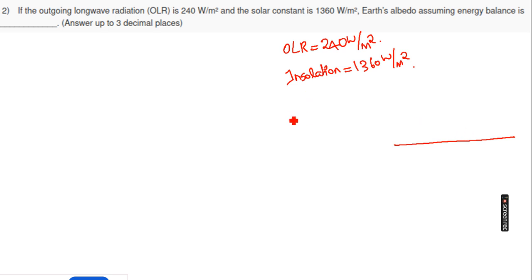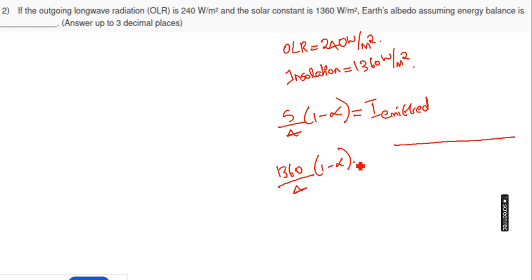So assuming Earth's energy balance, we essentially assume S by 4 into 1 minus alpha is equal to I emitted. What is being absorbed and what is being emitted are both equal. That's what we generally assume. So 1360 by 4 into 1 minus alpha is equal to 240 watt per meter square. S is 1360 and outgoing long wave radiation is given as 240.